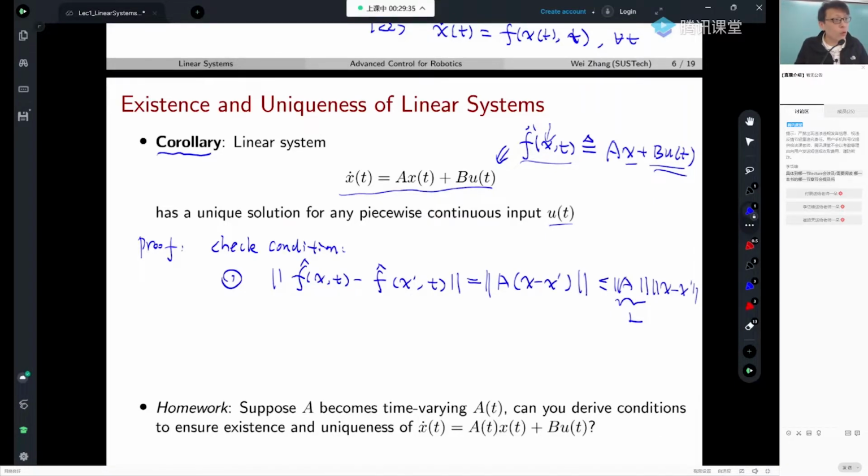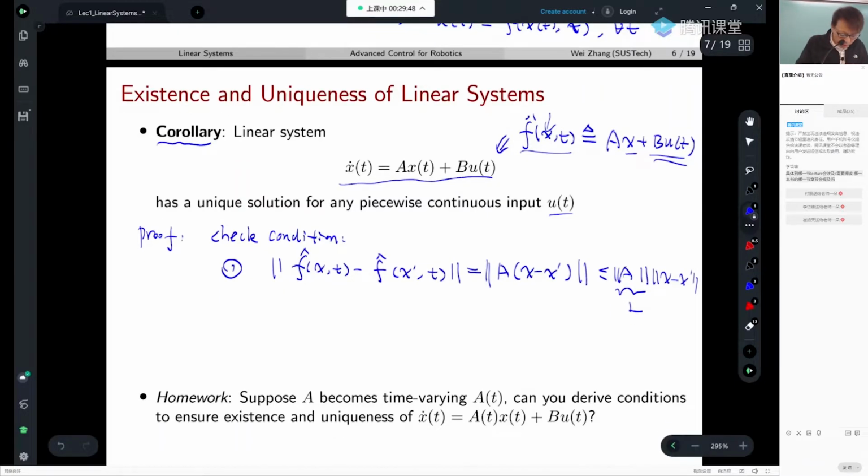Of course, it's a linear function. It's Lipschitz continuous. You can think about that matrix norm as the maximum of the slope of your mapping. And also, I want to say whether this is piecewise continuous in t.